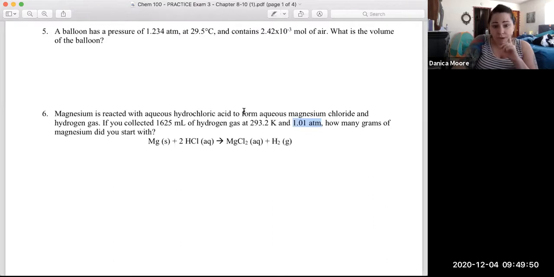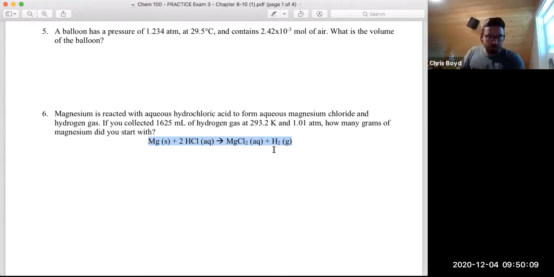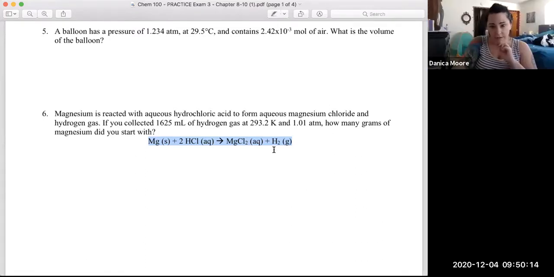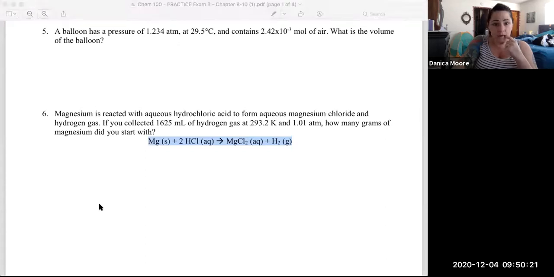So now for the rest of the question, we're looking at a reaction. I know that I need PV equals nRT, but I also have a chemical reaction given, right? So what kind of gas problem should I be thinking this is? Gas stoichiometry, right? Everybody comfortable with that? Cool. Gas stoichiometry problems generally are going to have one of two types of formats.